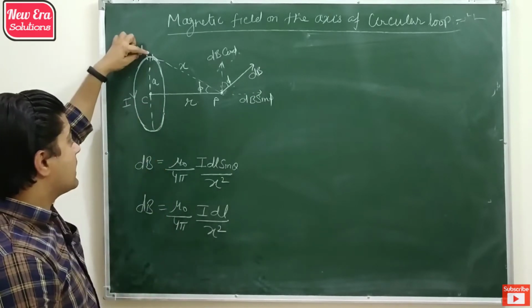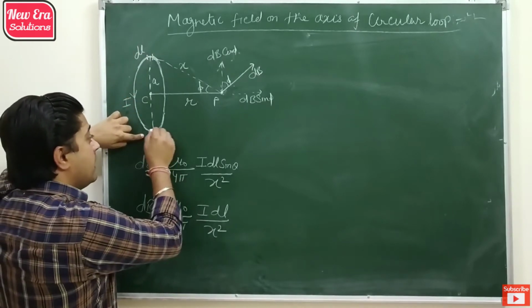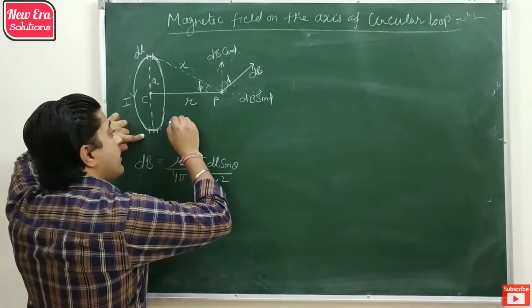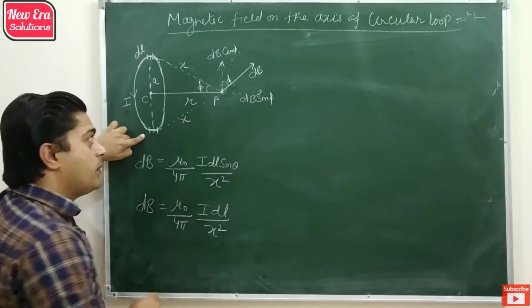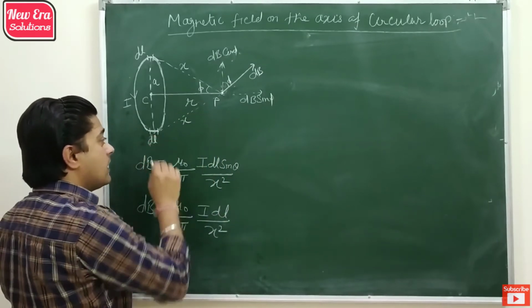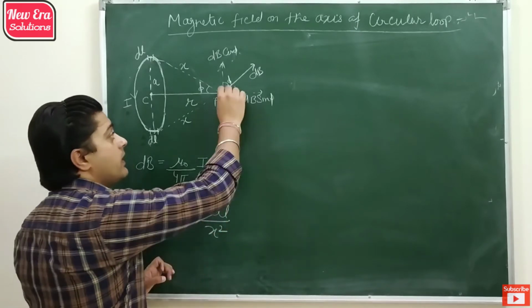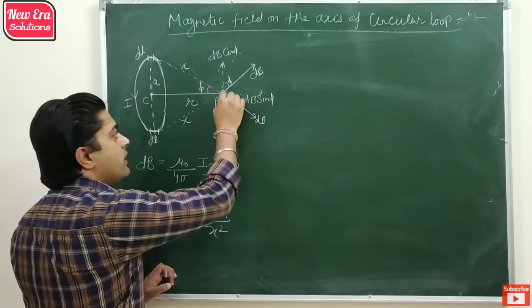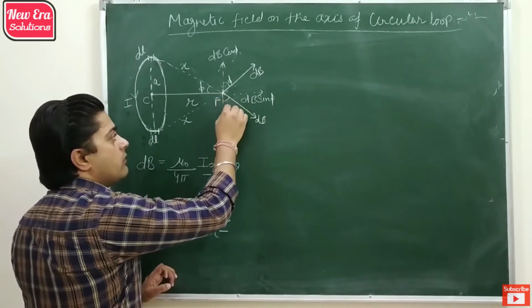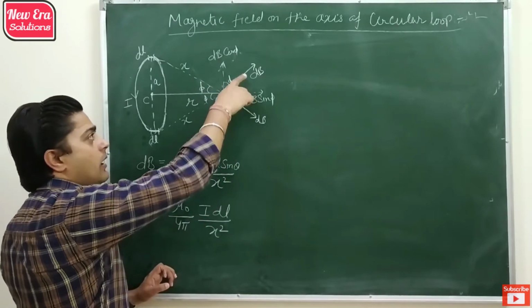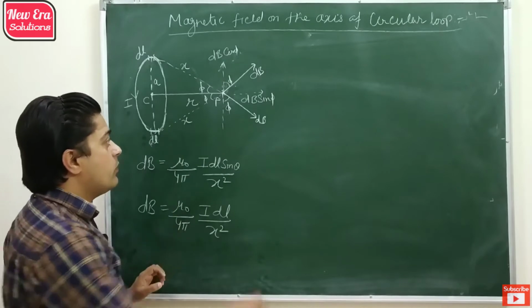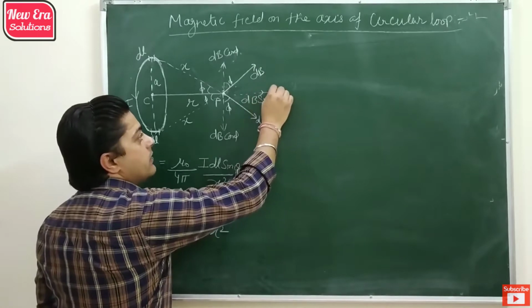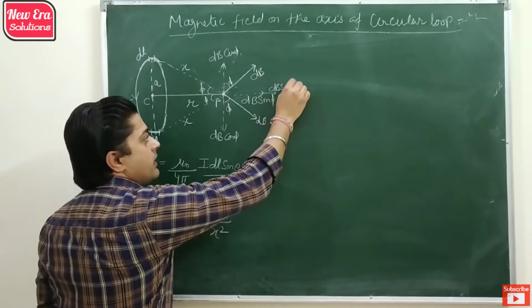Then there is another current element in the opposite orientation which has the same distance x from the point P. Due to this symmetrically opposite current element, point P experiences the same magnetic field dB, which can also be resolved into two components, that is dB cos phi and dB sin phi.